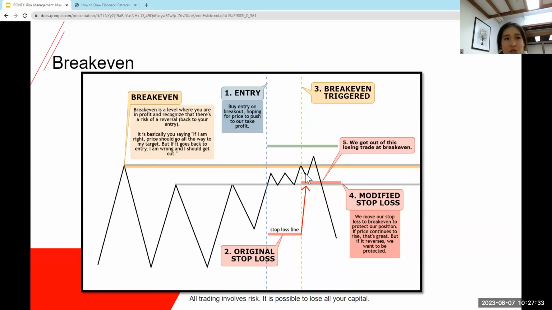Once you've determined that there is a possibility that you are wrong, that's when we move our stop loss line to this level here, which, as you've realized, is our entry. So that's basically what this strategy is about. We move our stop loss to break even to protect our position. And if price continues to rise, then that's great. But if it reverses, we want to make sure that we are protected.